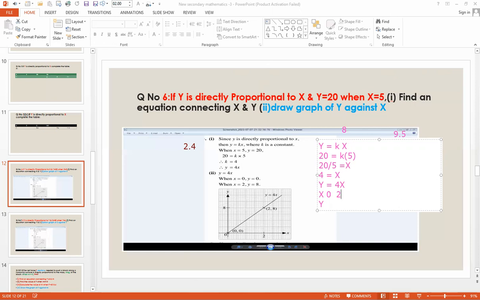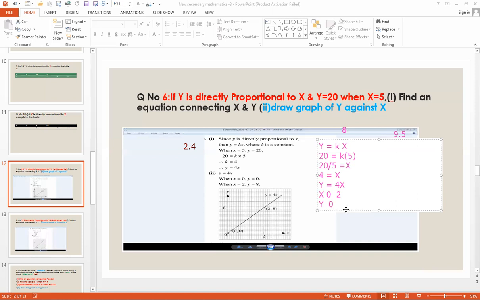You can take any value. You can take x is equal to 0 or 1 or 2. This depends upon you. And you have to put it here in this equation. Where you have to put x is equal to 0. Obviously, for 4 times 0, y is also equal to 0. Getting my point? When x is equal to 0, y is also equal to 0.